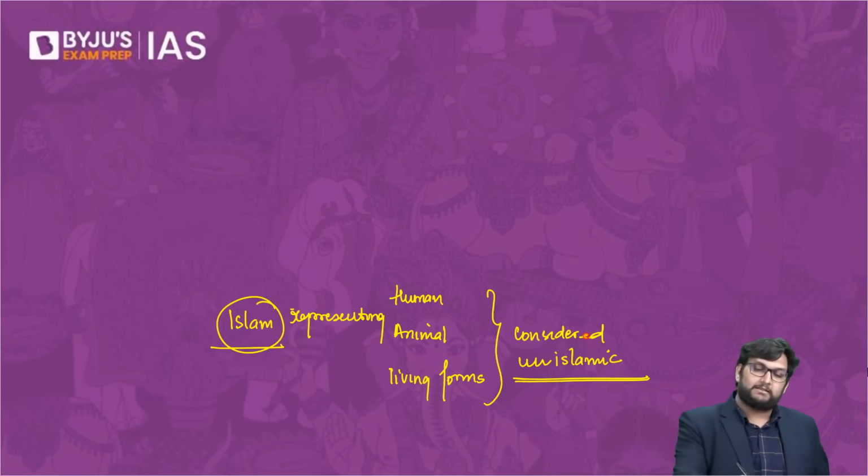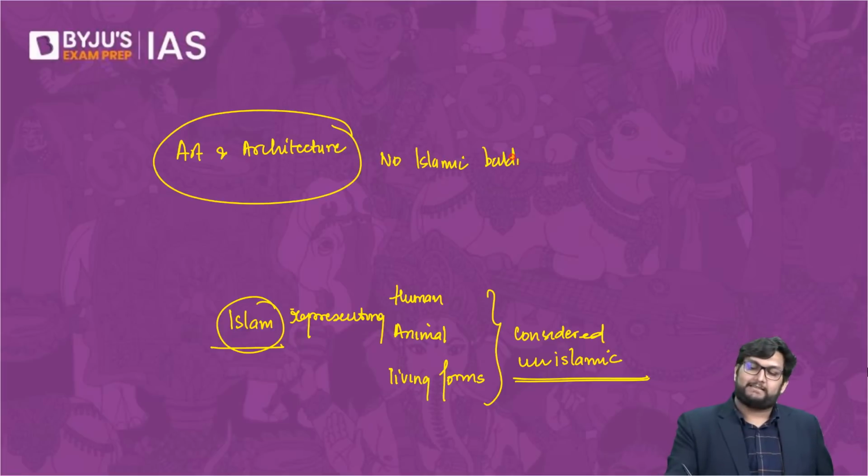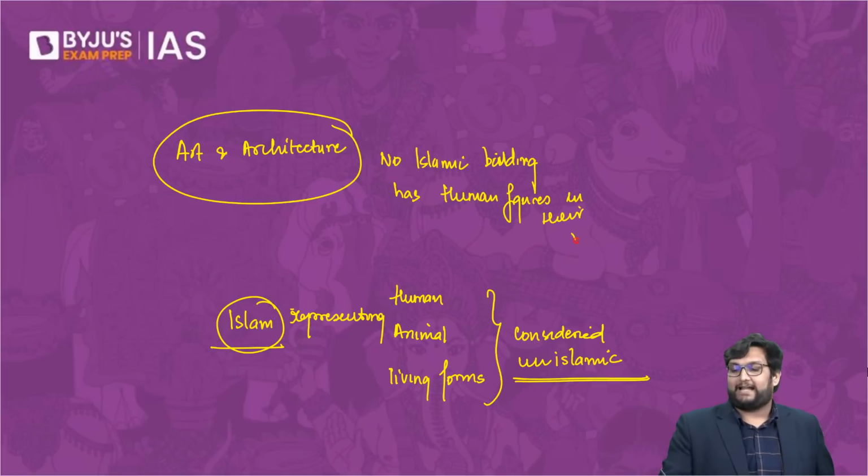So in art and architecture, no Islamic building has human figures in their decoration. And as it is, idol worship is not allowed.